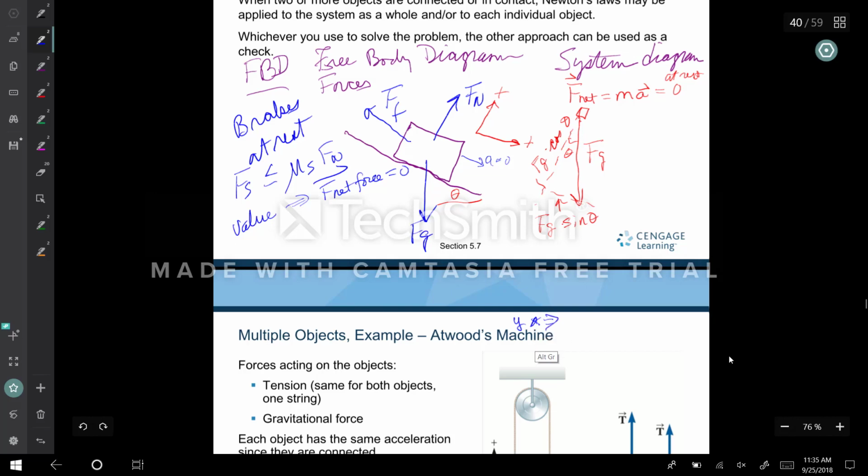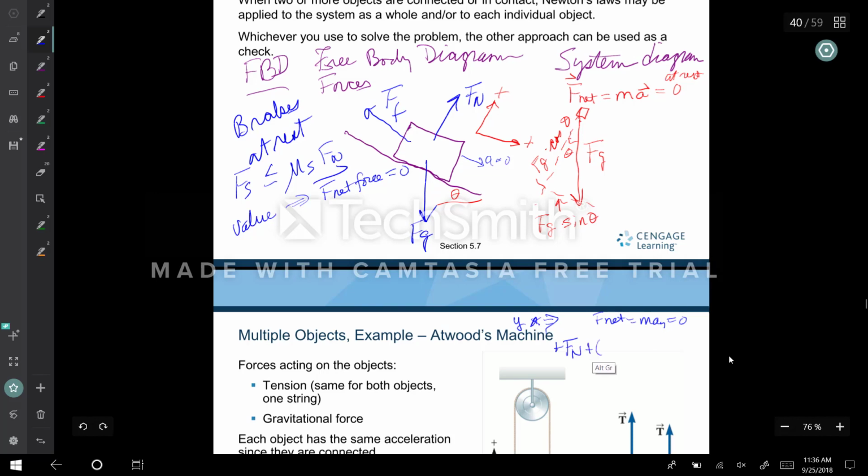Let's look at the y direction. F net equals ma sub y, which is 0. And now I use the idea of the sum of the forces in the y direction. So I have F sub n, and it's positive because it's in the direction of my y-axis.